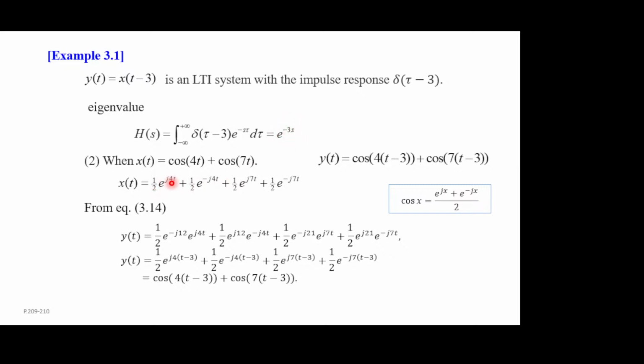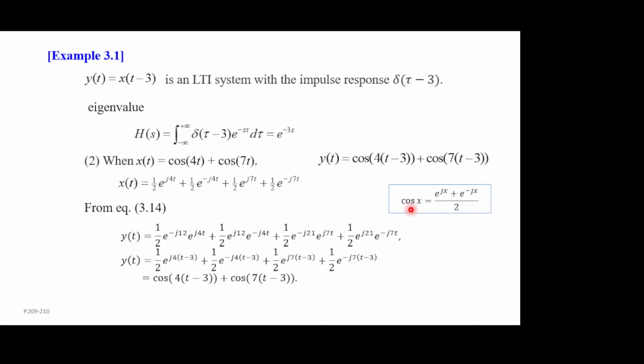Here we have s equal to j4, so minus 3s will be minus j12. Similarly, H of s for the negative frequency is e to the j12, and for j7 we have minus j21 and plus j21 here. So we can have y of t in this form.